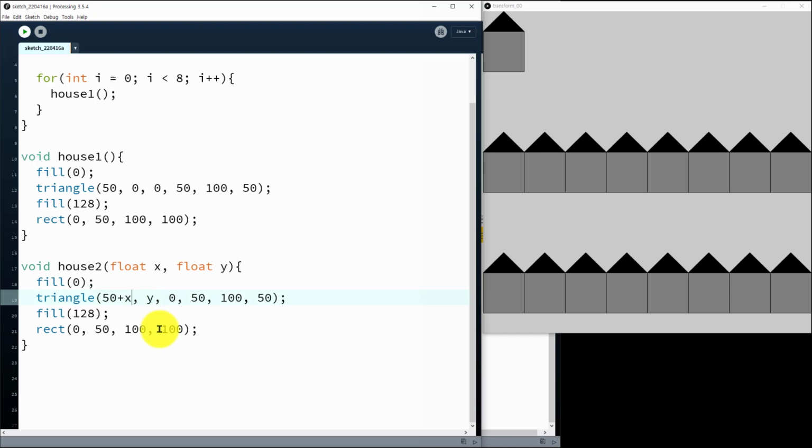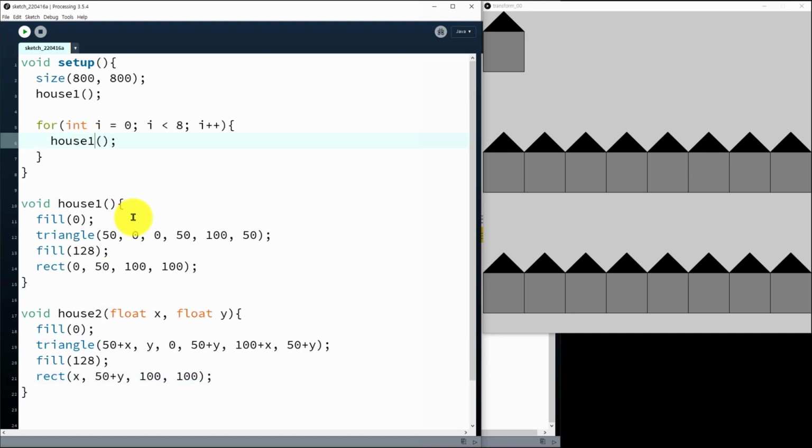So for the x coordinate, we need to plus x. For the y coordinate, we need plus y. So 50 plus y, and 10 plus x, 10 plus y, and then we need this one too. So this plus x, plus 0 should be x, right? So 50 plus y, 100 plus y. Is that right? Oh no, this is width and height, so you don't have to. So this is house 2.